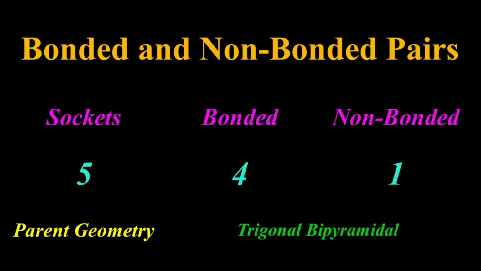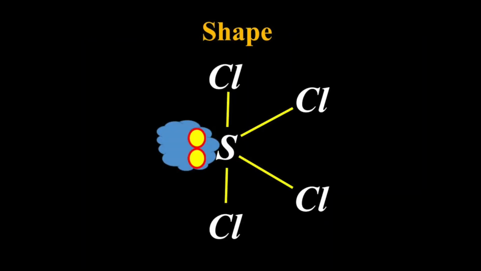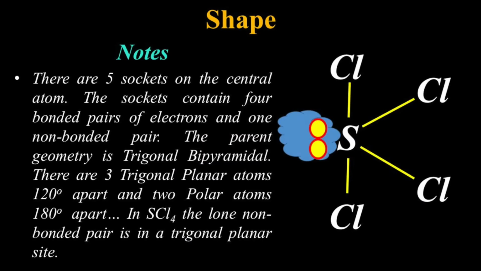So we have 5 sockets, 4 bonded, 1 non-bonded, and so we're going to put that excess electron pair around the central atom. Now let's read, I have a note on the next slide. It says, there are 5 sockets on the central atom. The sockets contain 4 bonded pairs of electrons and 1 non-bonded pair. The parent geometry is trigonal bipyramidal.